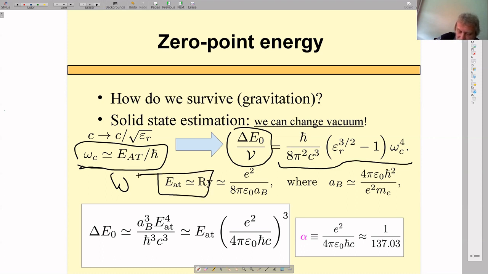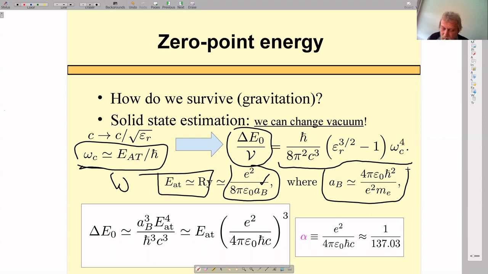Well, one can express it in terms of electron charge and Bohr radius, a typical atomic radius. There's a formula for this atomic radius.